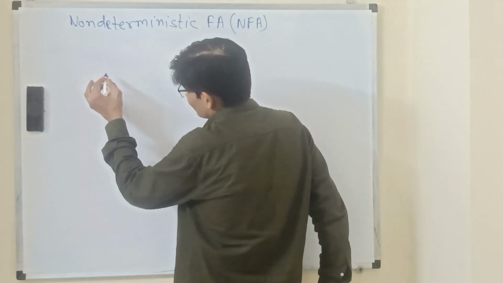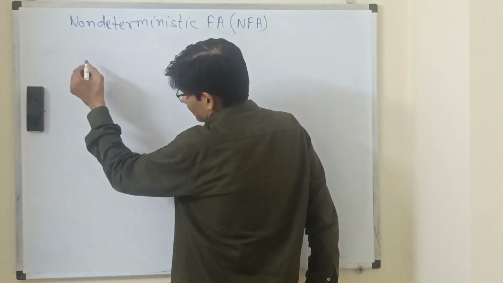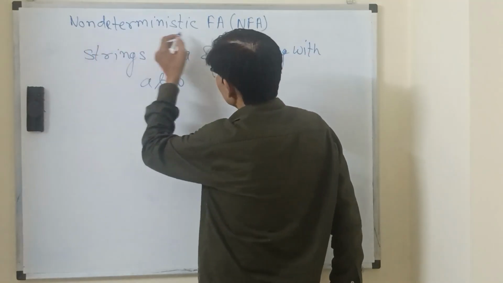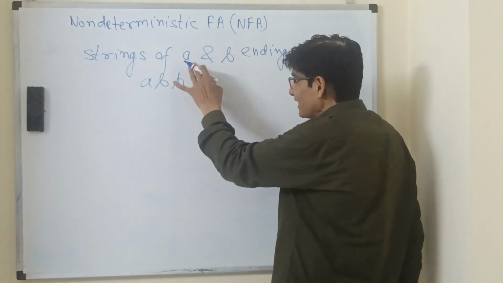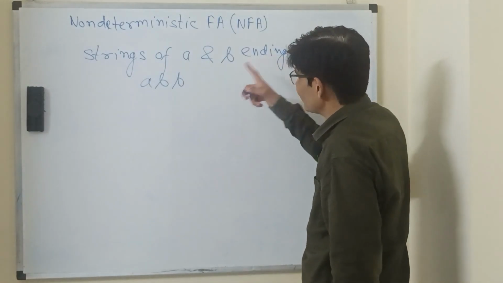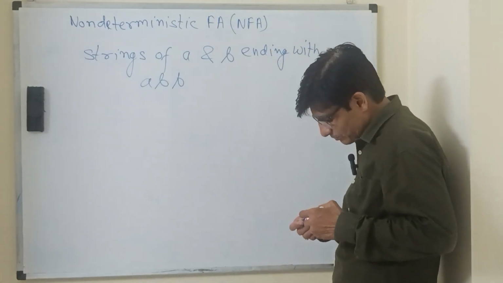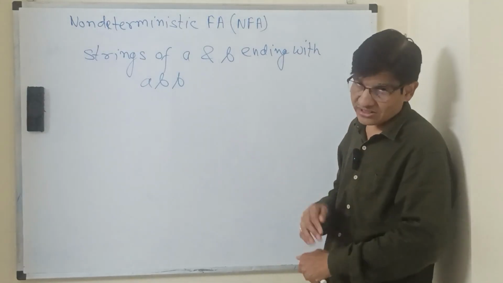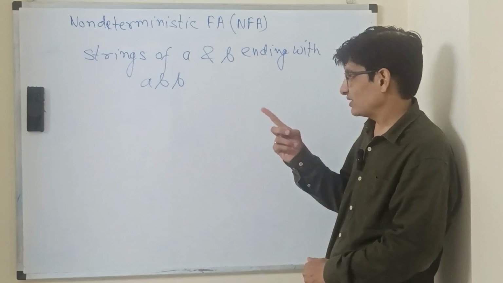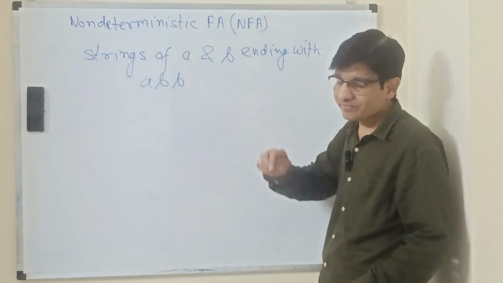Now I'm going to create a machine. We have to create one NFA for accepting all strings of A and B ending with ABB. That means you need to identify the shortest string of this set. So definitely this is ABB.